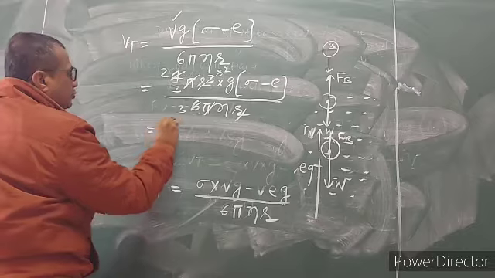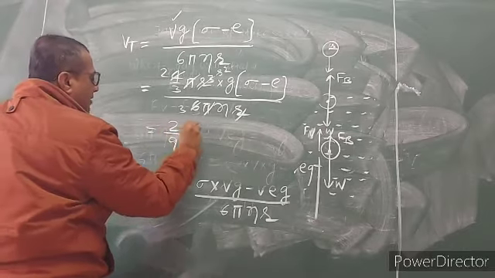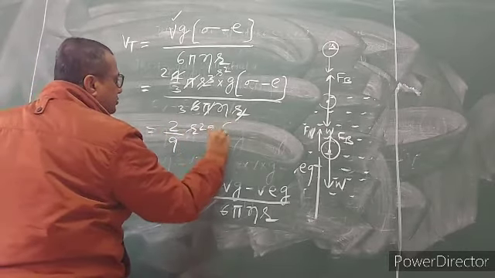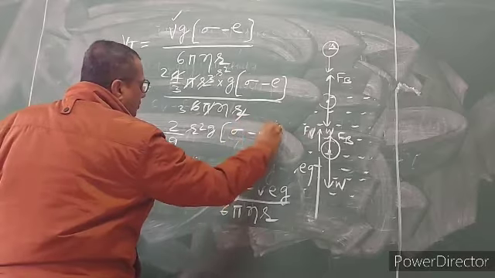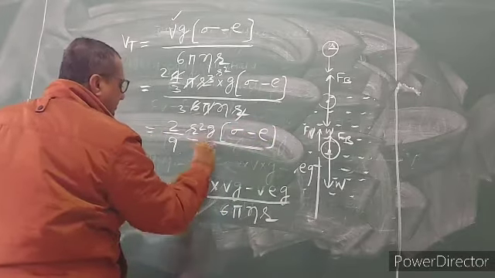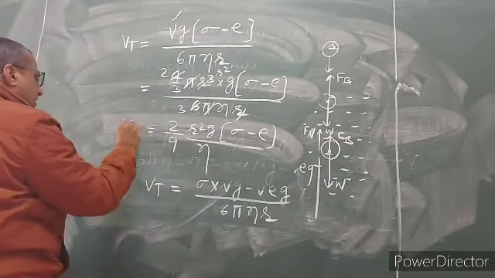This will be equal to 2 by 9 R square g sigma minus rho divided by eta. This is the terminal velocity.